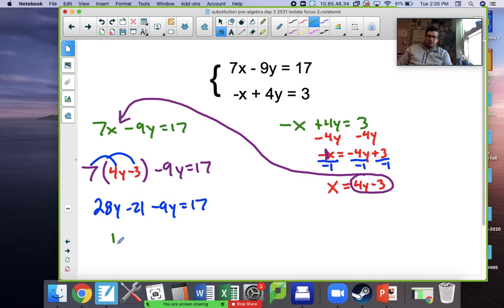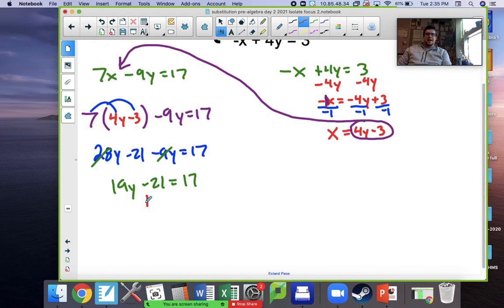Combine my like terms, so I get 19y minus 21 equals 17. I combined these two here. Add 21 to both sides. Divide by 19. Oh, not x.